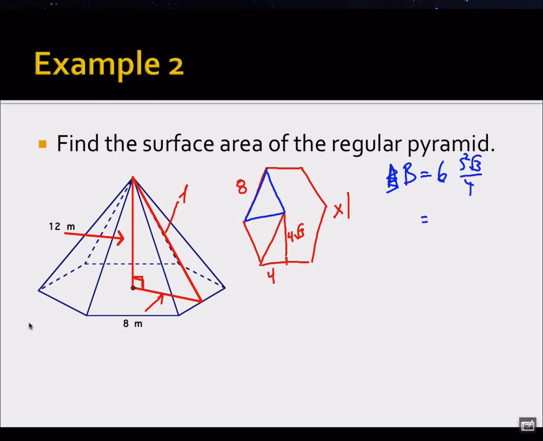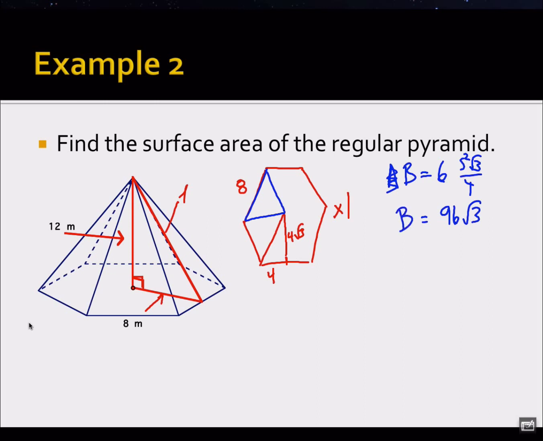And s is 8, so 64 divided by 4 is 16 square roots of 3, and 6 times 16 is 96 square roots of 3. That's B, the area of the base.